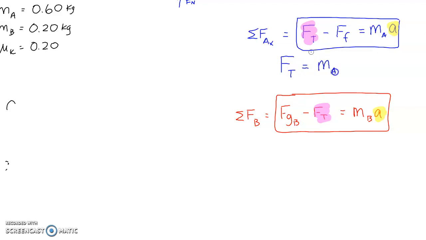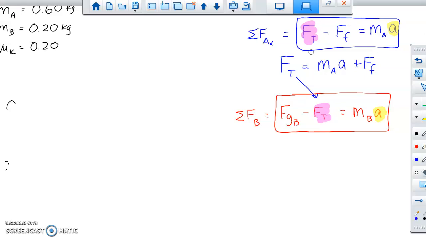So I have mass of the A block times the acceleration plus the force of friction. And now that I've solved for Ft, I can plug that Ft into this Ft. When I do that, I will eliminate the tensions, and then I'll just be left with one unknown, which is my acceleration. So I'm going to go ahead and do that.